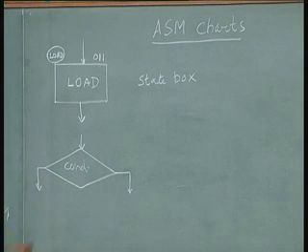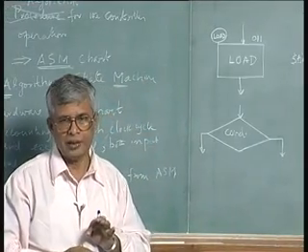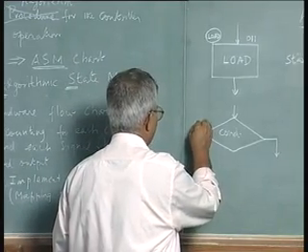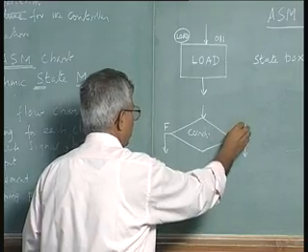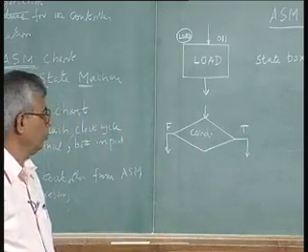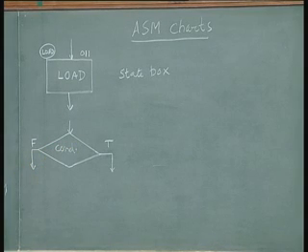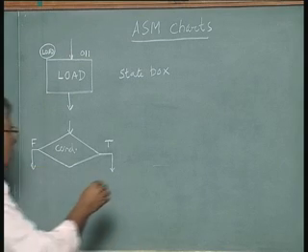Usually they put 0 and 1, but in real pure ASM design they call it true or false. If the condition is true, you do one thing; if the condition is false, you do another. Sometimes the condition to be tested is too big to be written in a diamond shaped box, so they also draw it like this.